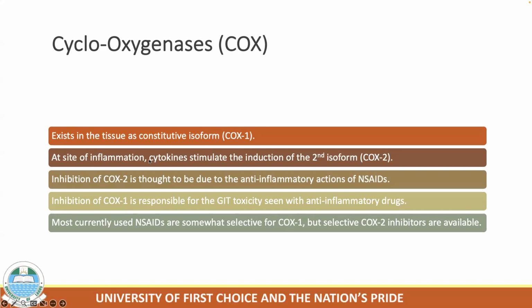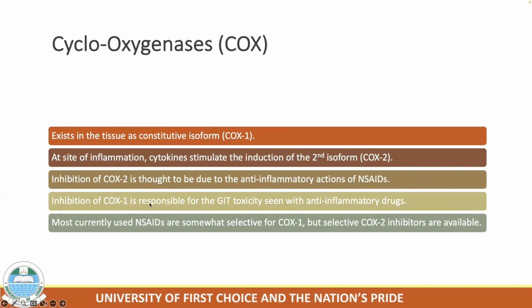Meanwhile, at the site of inflammation, we have cytokines stimulating the induction of the second isoform, which is cyclooxygenase 2, which is important in the formation or transmission of pain. Inhibition of this cyclooxygenase 2 is thought to be the bedrock of the anti-inflammatory activity of NSAIDs.